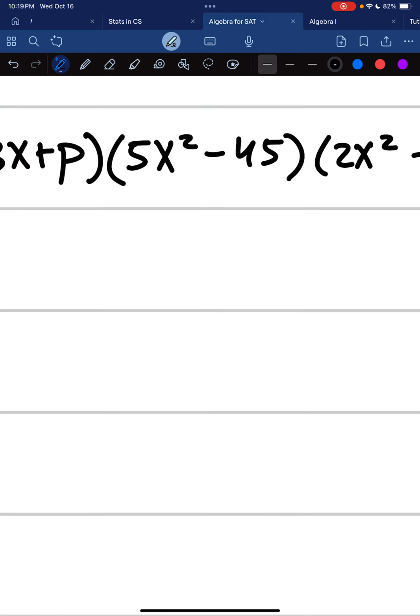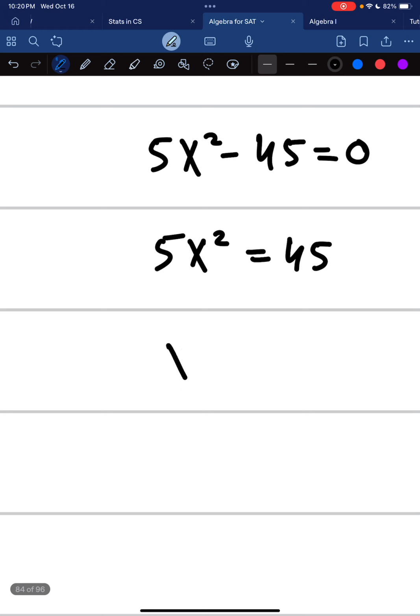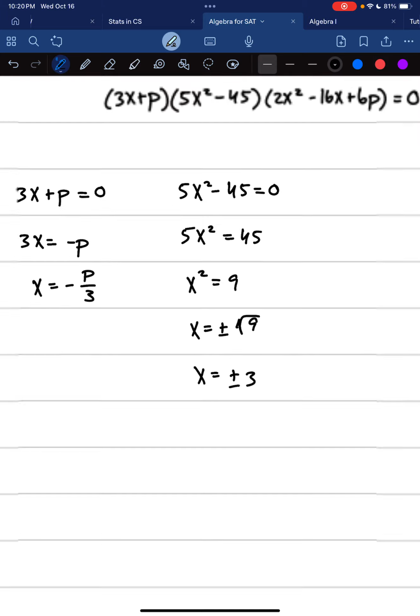Now, second solution, 5x squared minus 45 equals 0. So 5x squared equals 45. X squared equals 9. If you take the square root of both sides, you get x is equal to plus or minus the square root of 9, which is plus or minus 3.